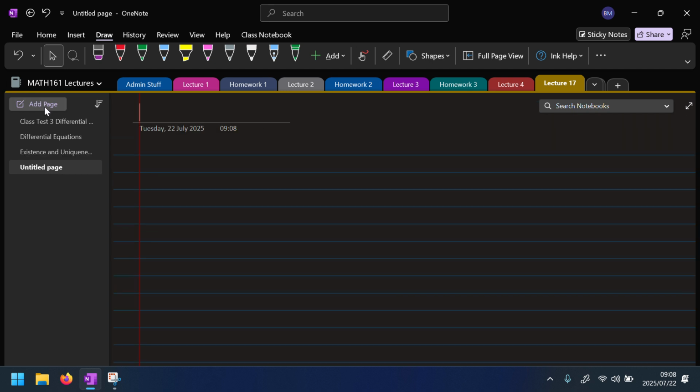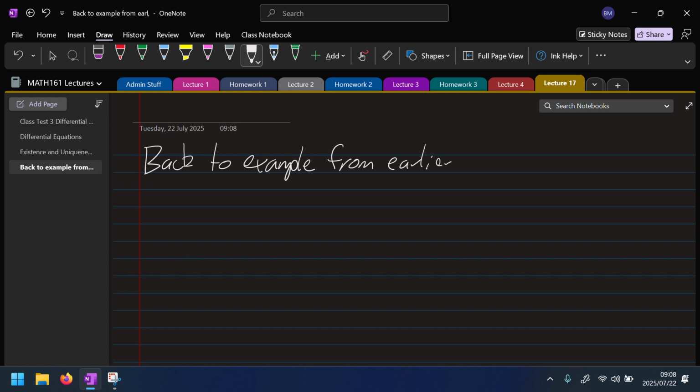Okay, so let's go back to our example from earlier. Okay, so this was the y double prime plus y is equal to 0. Back to the easy example we had at the beginning.